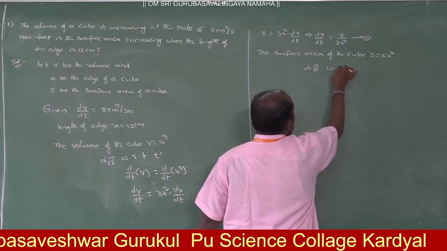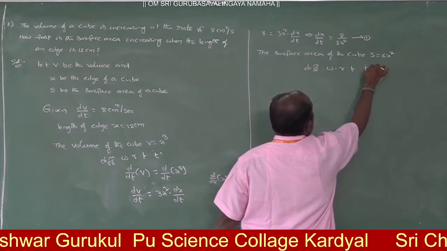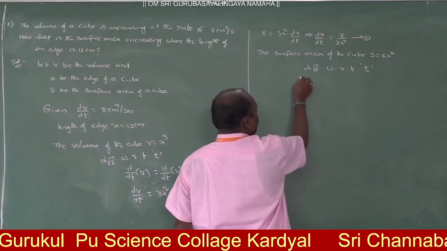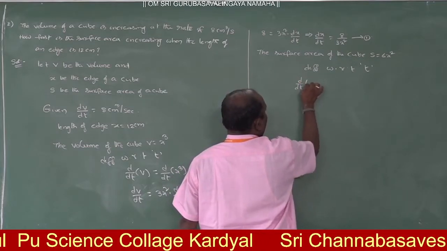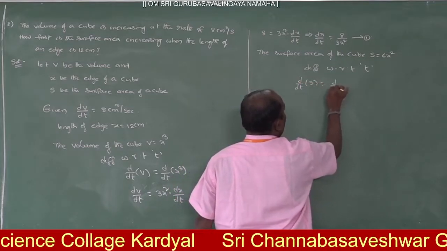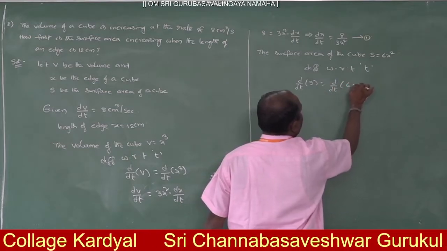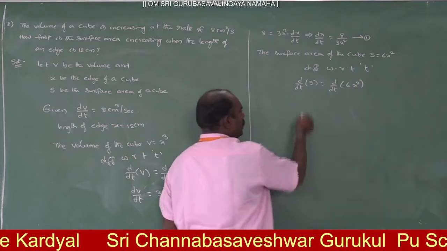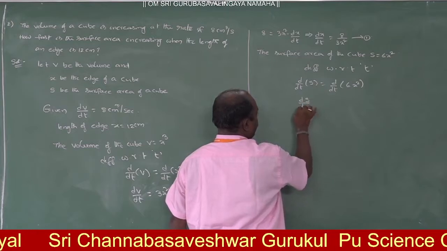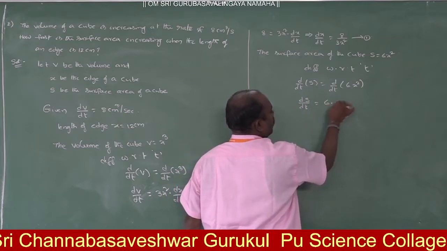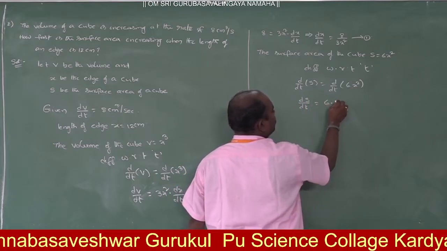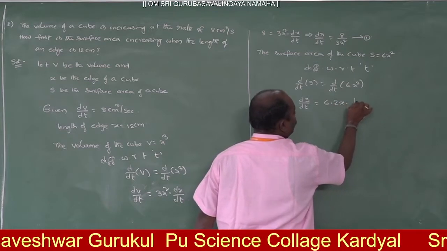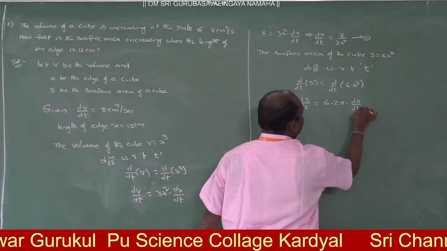Differentiating with respect to t. d by dt of S equal to d by dt of 6x square. ds by dt equal to 6 is the constant, the differentiation of x square equal to 2x into dx by dt.